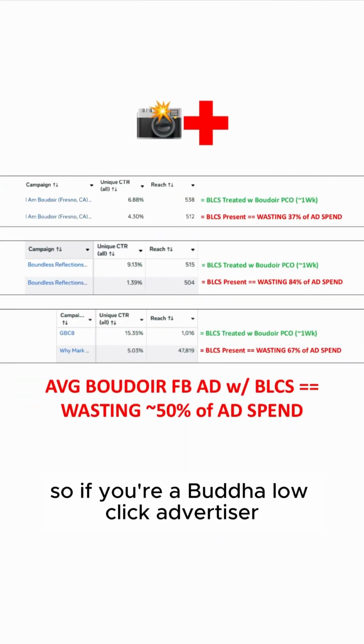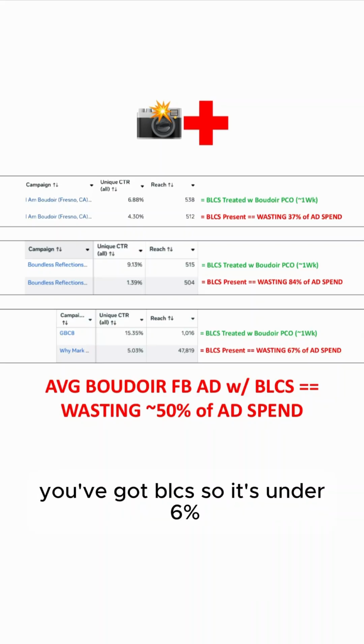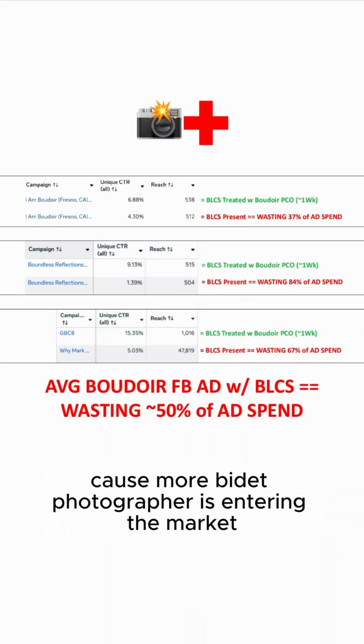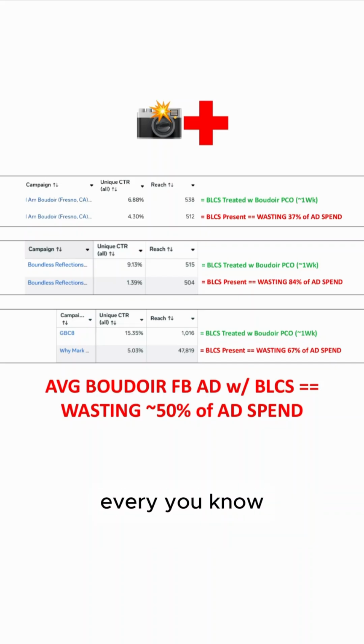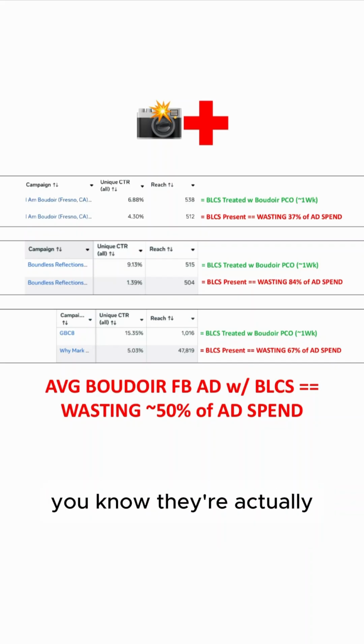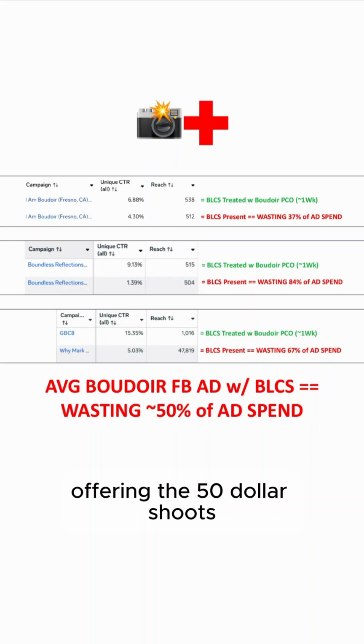So if you're a Boudoir advertiser and the unique CTR of your Boudoir Facebook ads is under 6%, you've got BLCS, and you want to pull more profit out of the business because more boudoir photographers are entering the market every day. It seems like when someone gets a new camera or a new iPhone, they're joining all the mom groups, offering the $50 shoots.